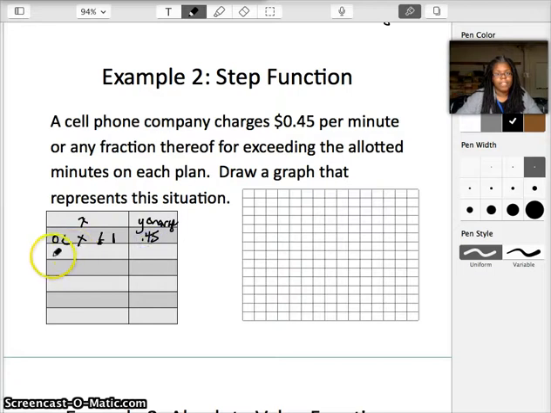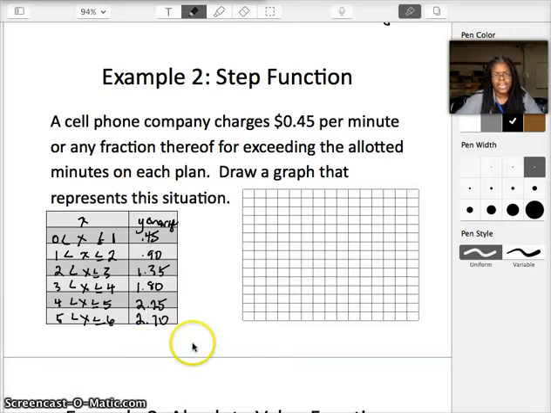And then as soon as you are above 1 and up to and including 2, you're going to be charged 45 cents twice, which is 90 cents. You guys see the pattern? So I'm going to fill out this chart like that.